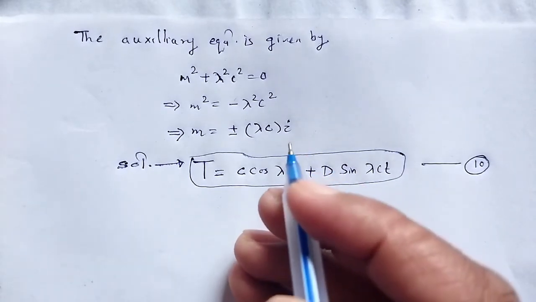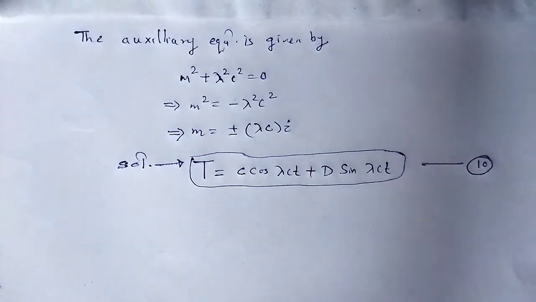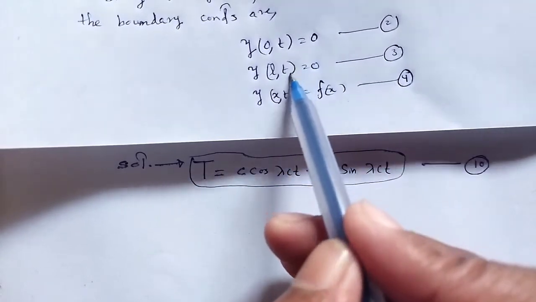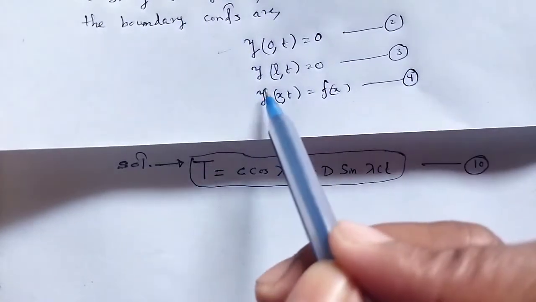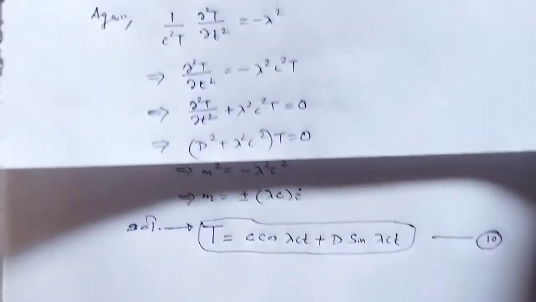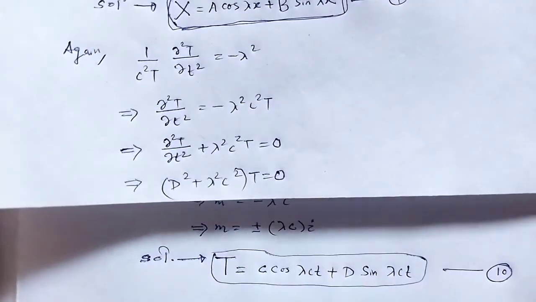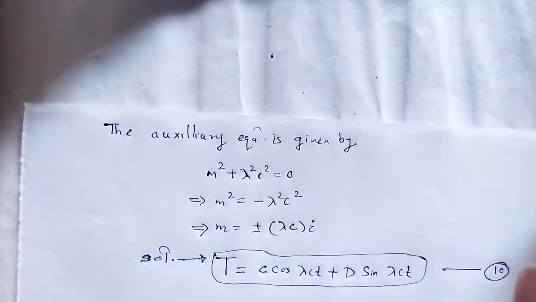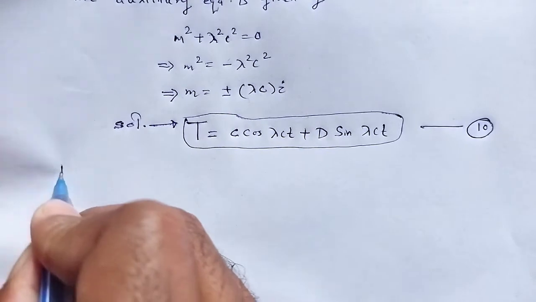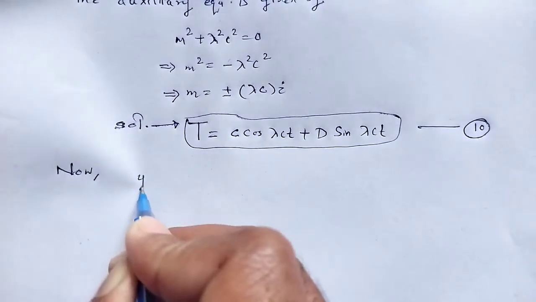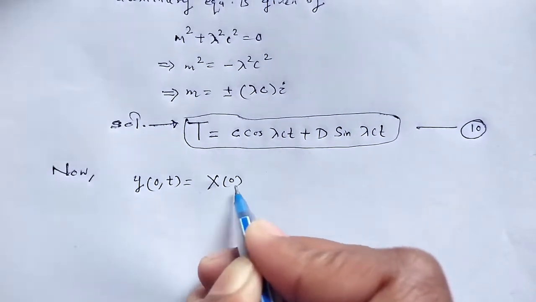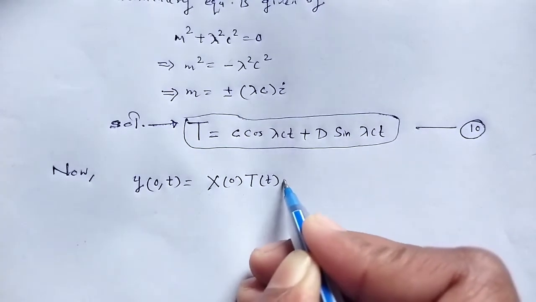Now we use the boundary conditions. First, the boundary conditions are to be substituted in these two solutions. One is the solution of X, another one is the solution of T. That's why we can write y of 0, t is equal to X of 0 times a function of t is equal to 0.